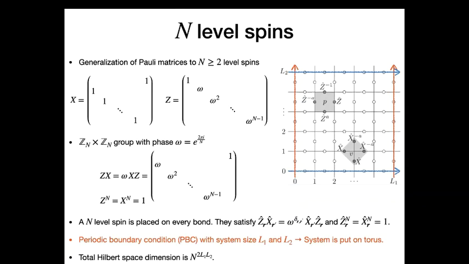And we have the commutation relation ZX equals omega times XZ. This is a generalization of ZX equals minus XZ for the n equals 2 case, okay? And we have that Z to the power of n is always 1. Everything else is really the same as the usual spin. In particular, the total Hilbert space dimension is n to the power of 2 times L1 times L2. Any questions? Good.